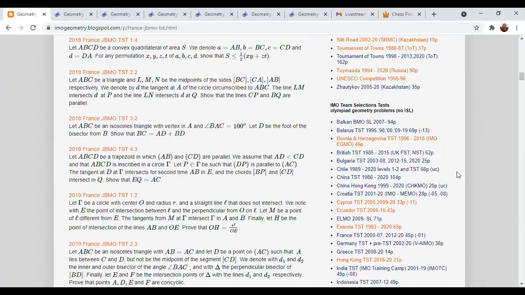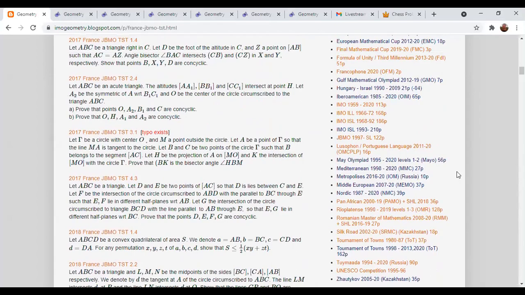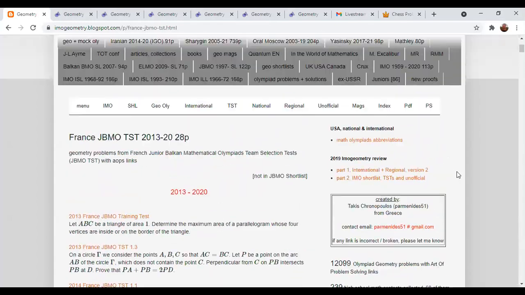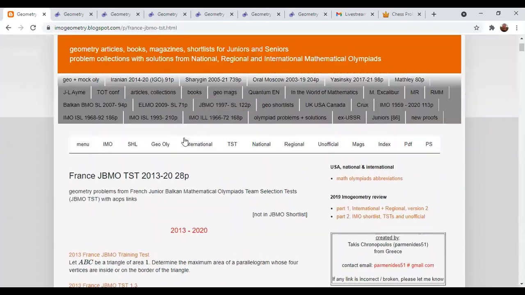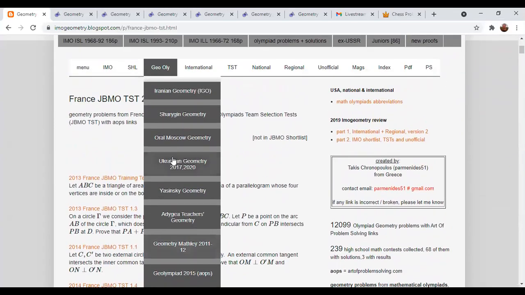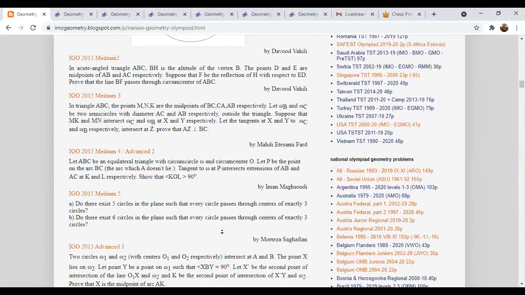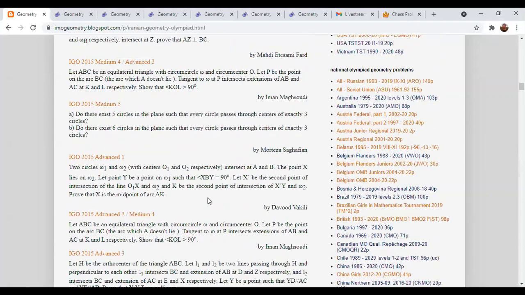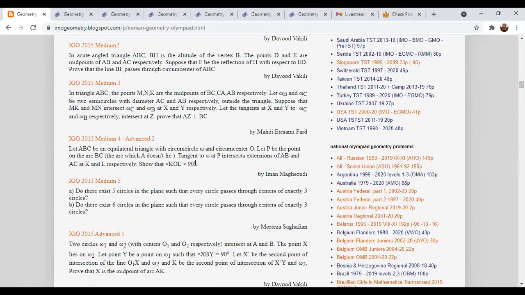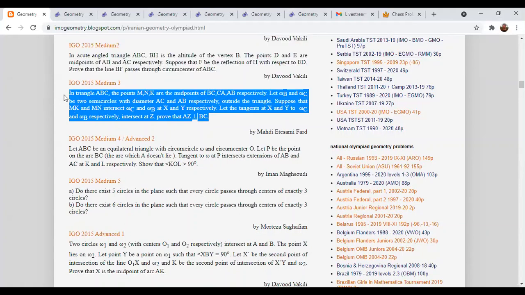So yeah, let's see. Let me check. Since we don't have a huge amount of time left, I could try one that's not super hard. How about this one? This one looks good.